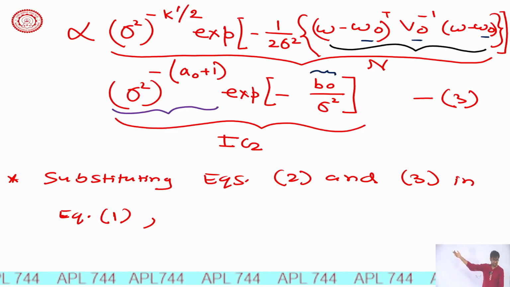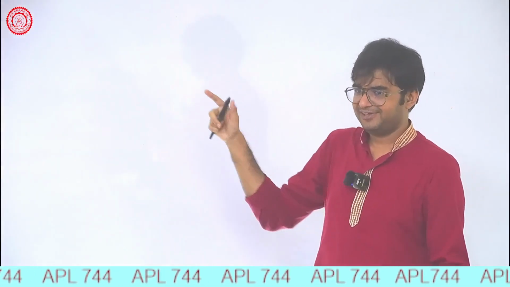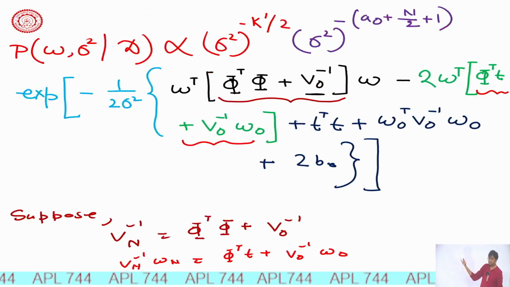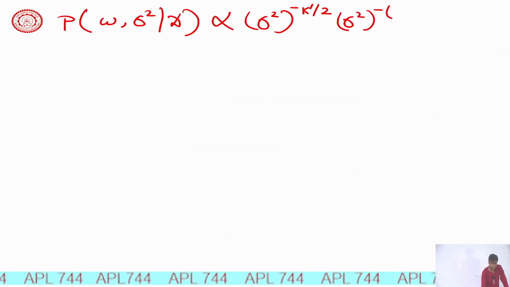Compare it with this one and tell me, what a naught plus n by 2, what should I call it? Last time also I told it. A naught plus n by 2 will be called an. So the total thing will become an plus 1.